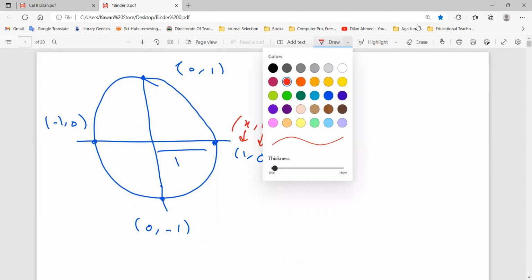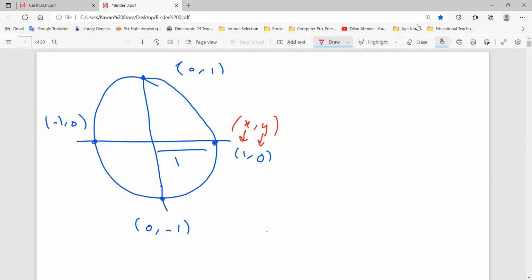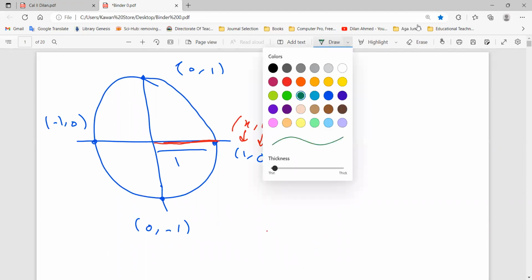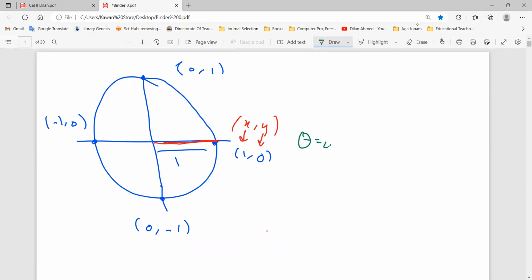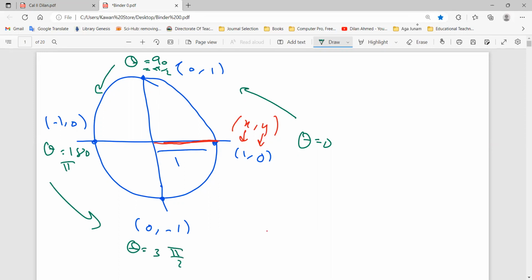That one will be for x, that one will be for y. And as for the angle, theta will be 0 here. When you go there, theta will be 90, which is called pi over 2. Then coming to here, your angle will be 180, we call it pi. Then here the angle will be what? 3 pi over 2, which is 270.